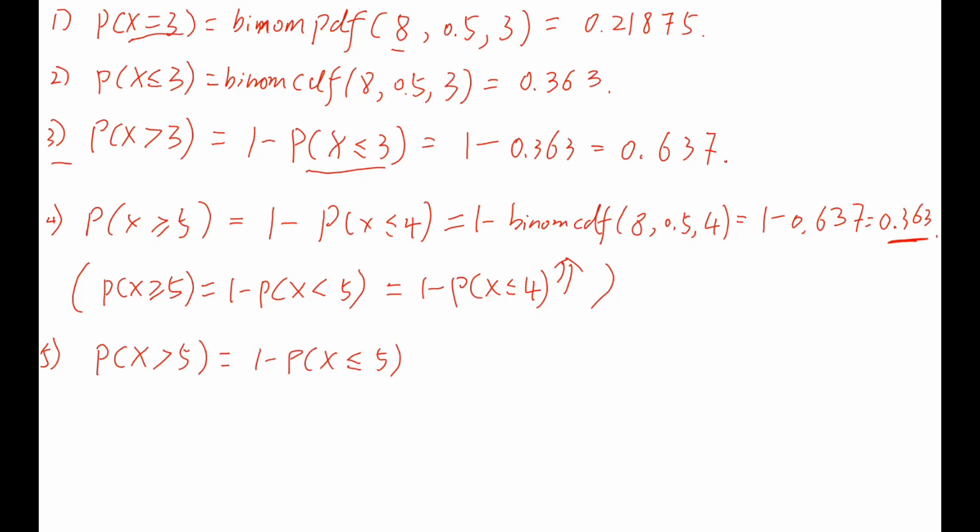Okay, so we can find this one as 1 minus binorm CDF 8.5 and 5. So what is this? It's 1 minus 0.855.